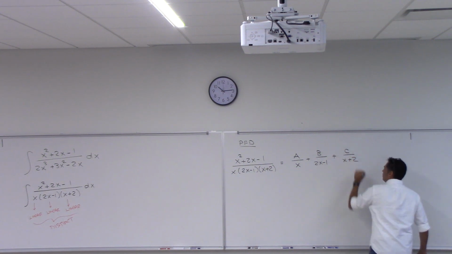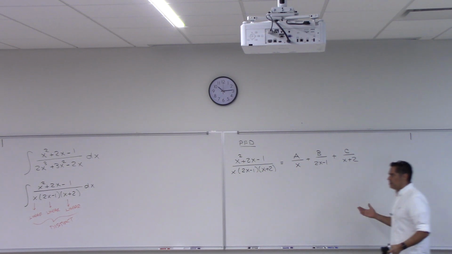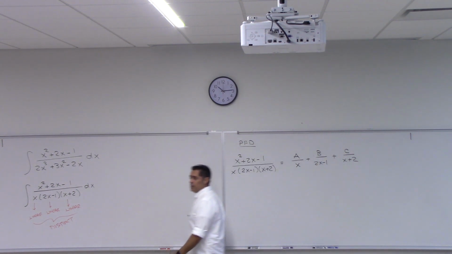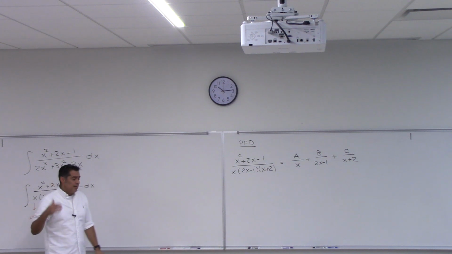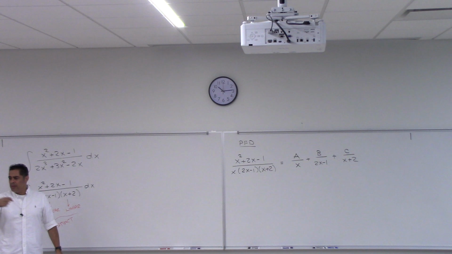I know that because that's the method. The method says if you have three distinct linear factors, you're going to have three fractions. So what we need to do now is figure out what A, B, and C are.